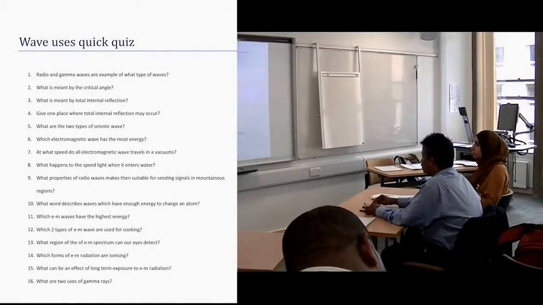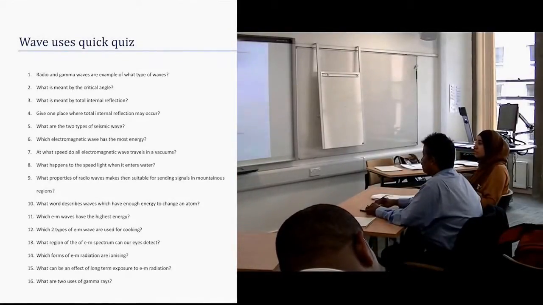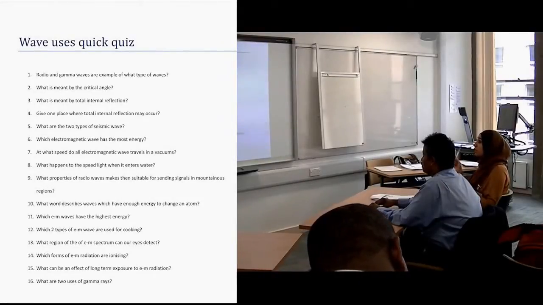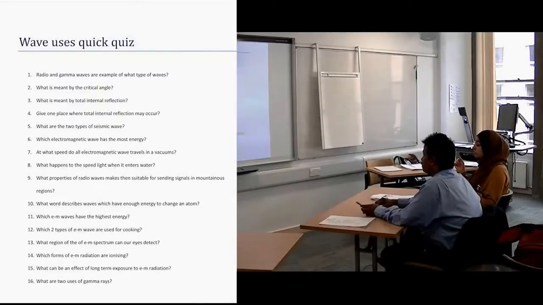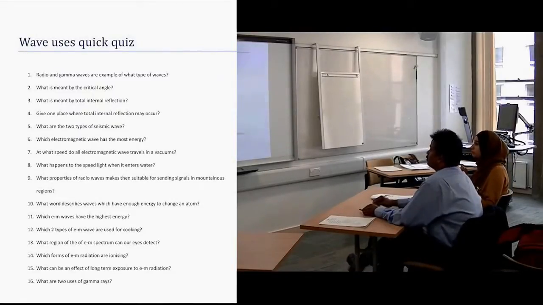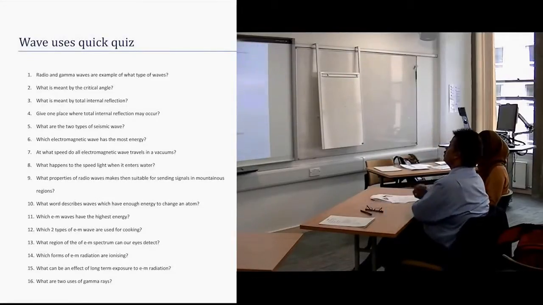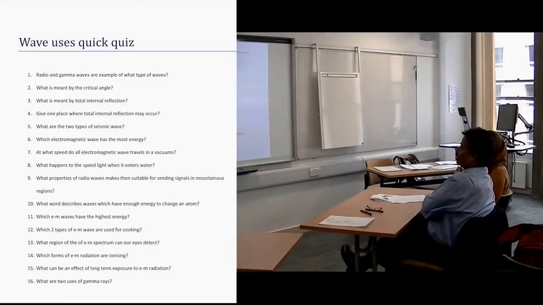Rewording the questions, so maybe giving some of the answers and taking out, like taking out radio and gamma and giving the answer, electromagnetic spectrum. So would you write the answer here and just have gaps? No, it's more like stating the facts, these are the components or members of the electromagnetic spectrum.